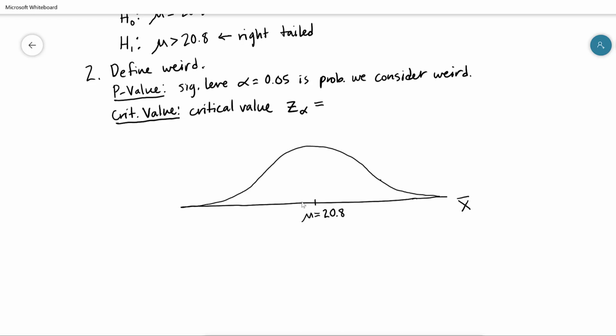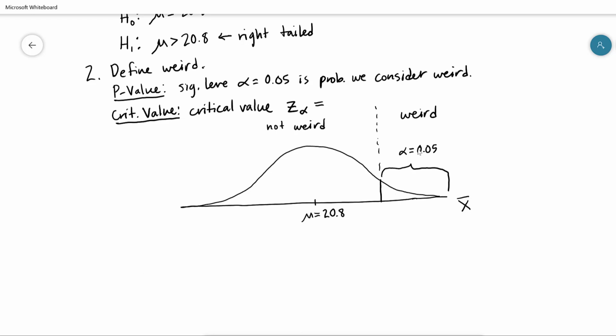And here is the region that we are going to consider weird. It is the top 5% of the area. So here is the area, alpha equals 0.05. And here's our cutoff. Over here are results that are weird, and over here are results that are not weird. And so we have defined this region that we're considering weird.